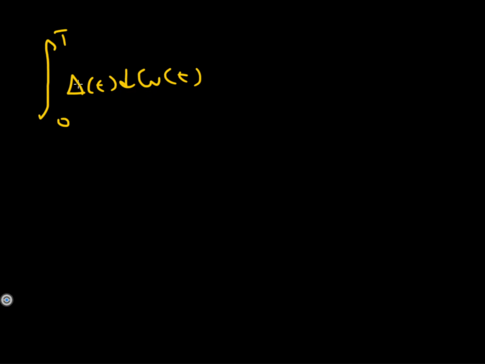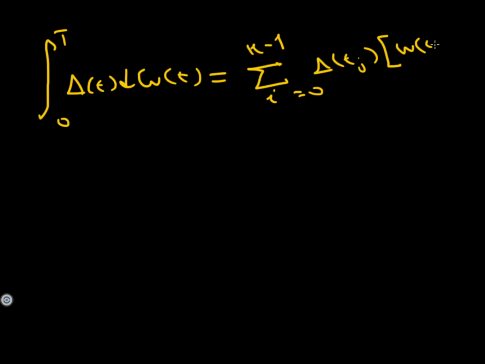But first, let's look at how we can make sense of the Ito integral. So, how do we make sense of the Ito integral? The Ito integral is simply a summation of the simple process delta tj times the increment, plus delta tk.